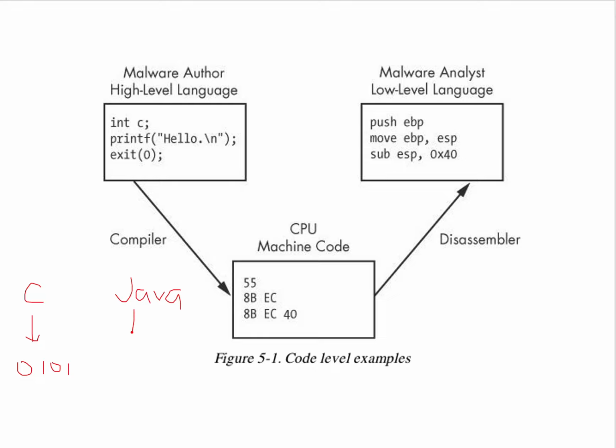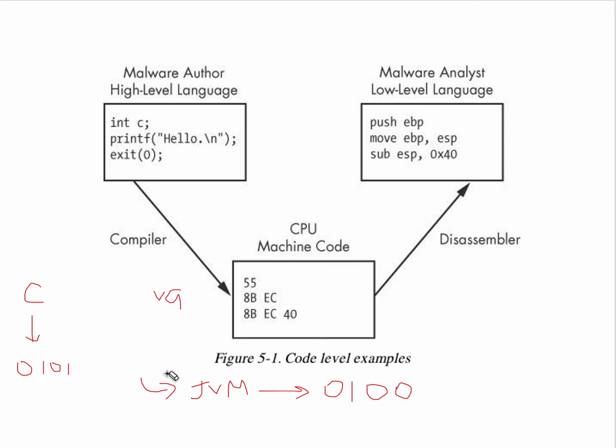Java does not get compiled into those zeros and ones. It gets compiled into bytecode, I'll just say BC, and from the BC, it gets interpreted by the JVM, or Java Virtual Machine, which basically works with the individual OSs and tells them in terms of the zeros and ones that the hardware actually understands.